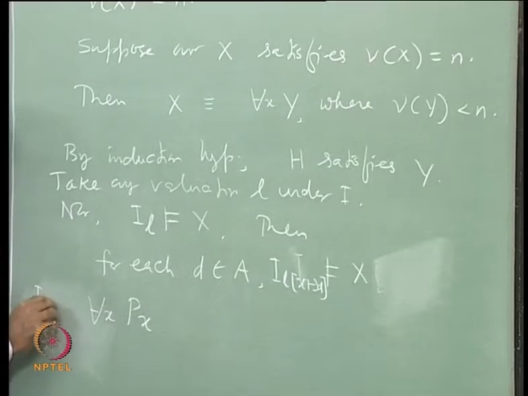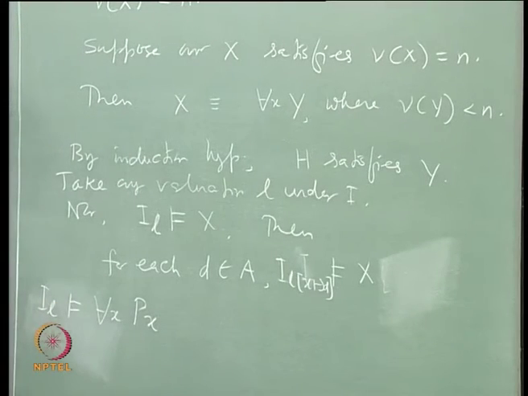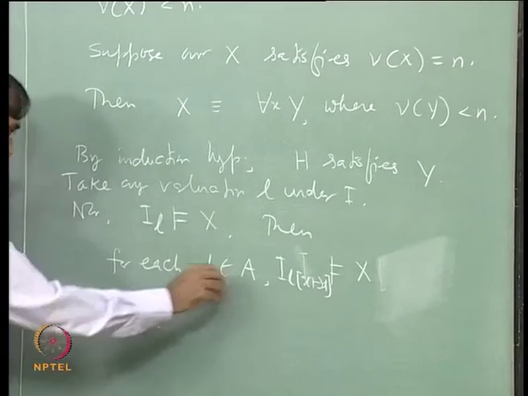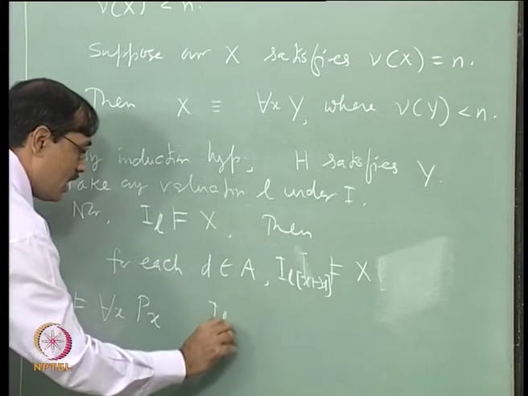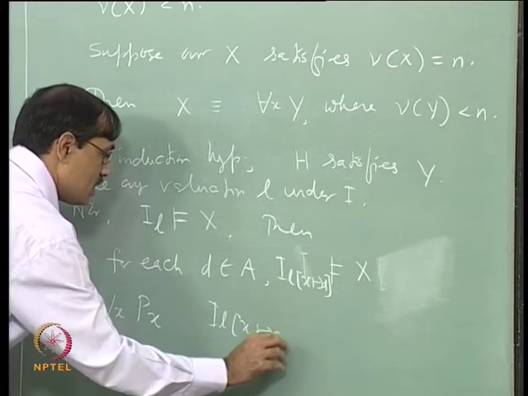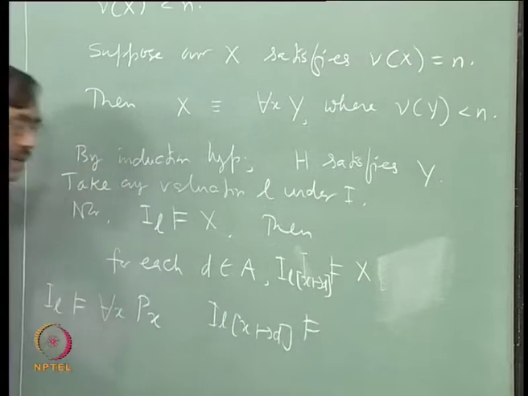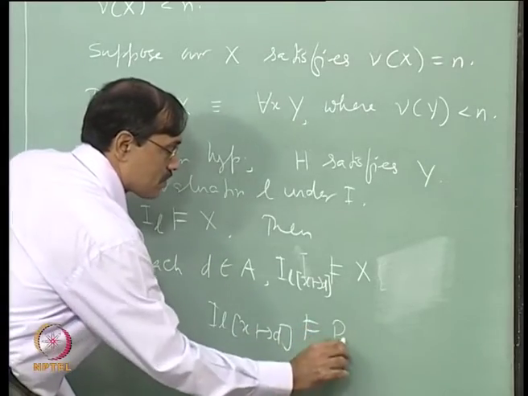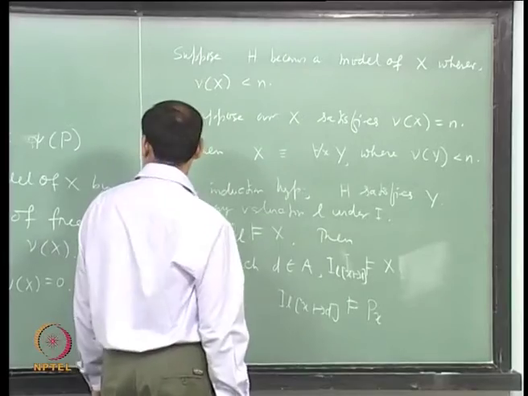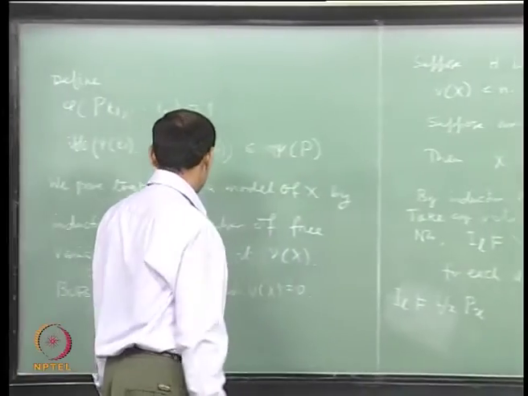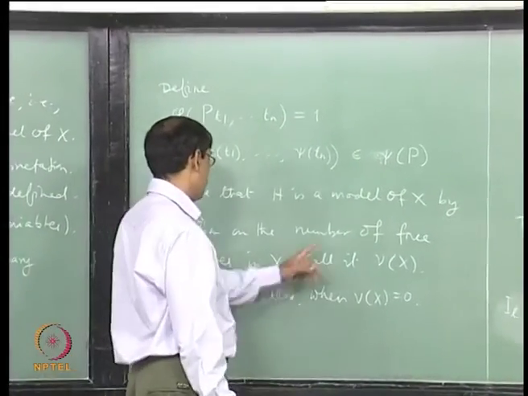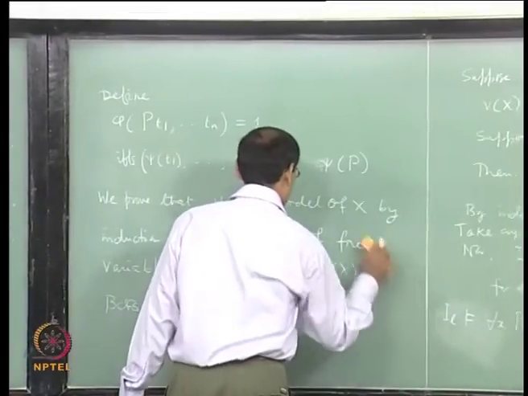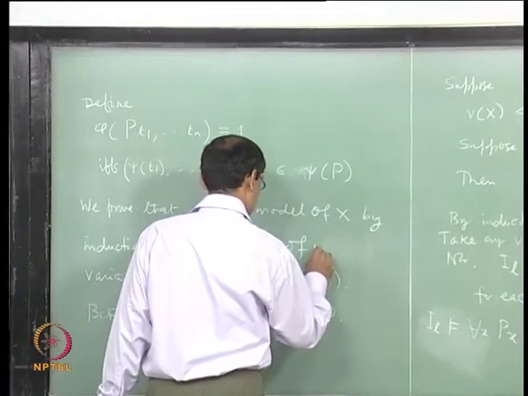Now, you say I L satisfies this. This happens when for each D in A, I L x to D satisfies what? P x, not for each x p x, it should satisfy p x. So, for that what we do, instead of free variables you say universally quantified variables.